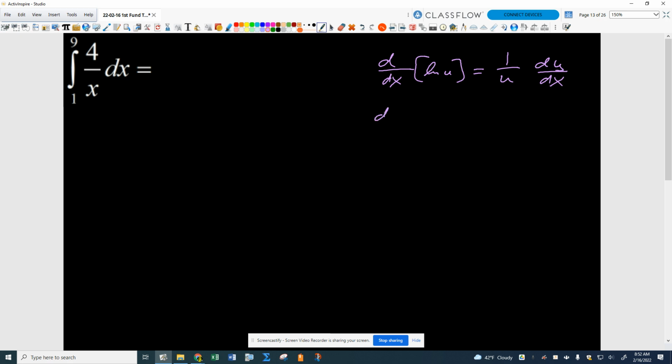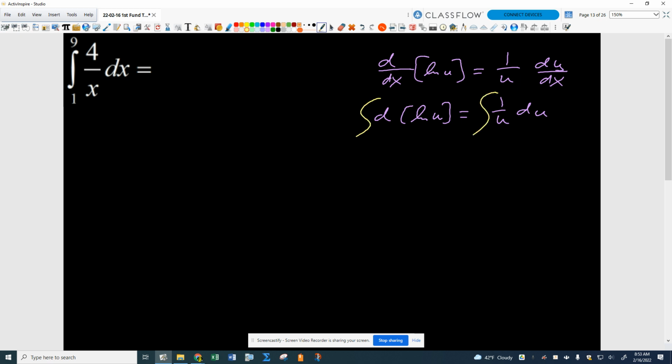So then we'd get the derivative of log u equals 1 over u du. Okay, how do you undo a derivative? You take an antiderivative, right? So the next step would be to do this.